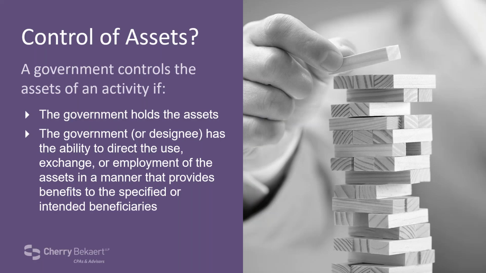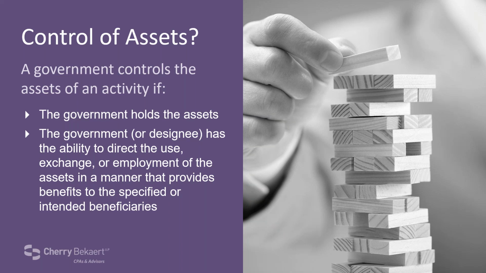And since control is such an important aspect here, let's define a little more what that means. A government is considered to have control of assets if the government holds the assets or has the ability to direct the use, exchange, or employment of the assets in a manner that provides benefits to the specified or intended beneficiaries.